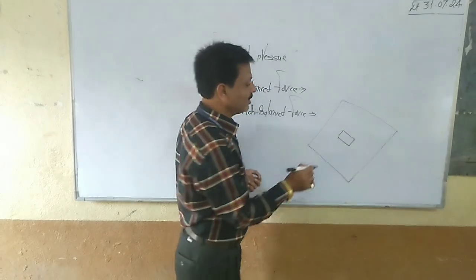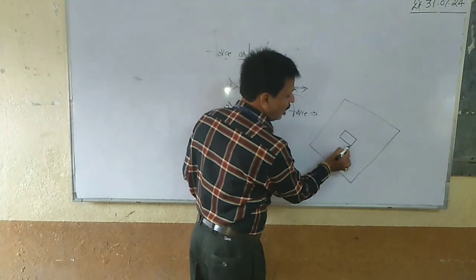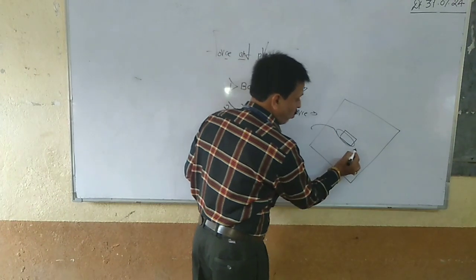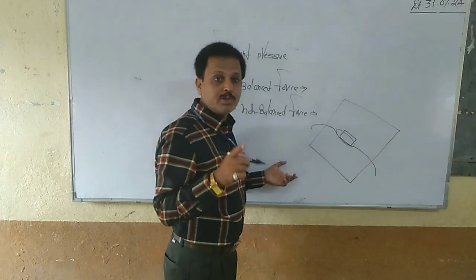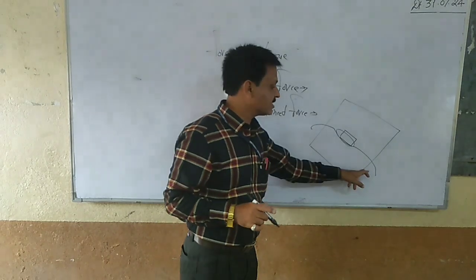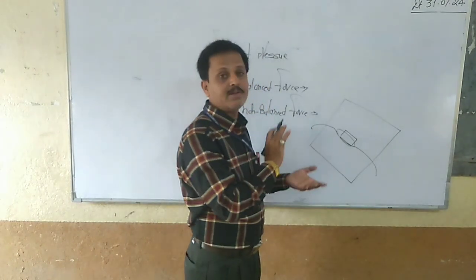It is tightly covered all over by a plate, and two threads can be attached near the two arms of the table.